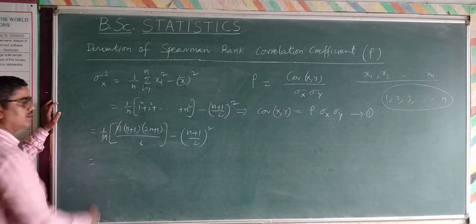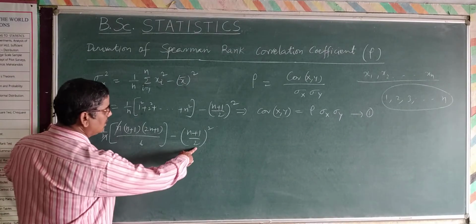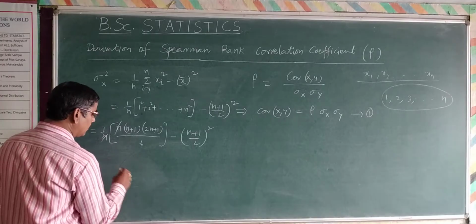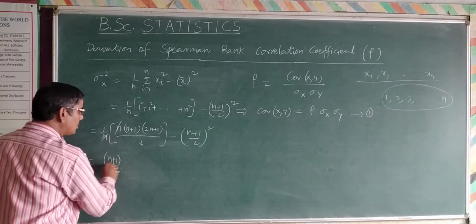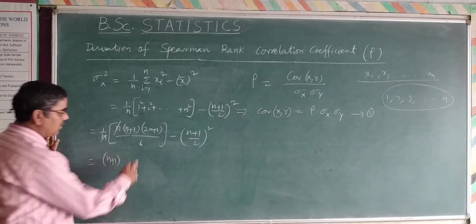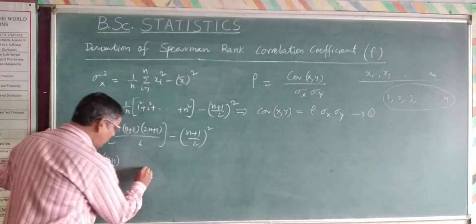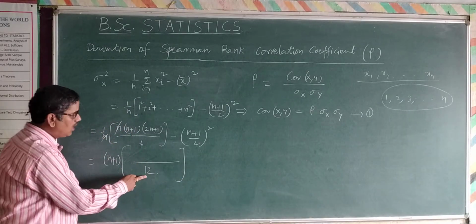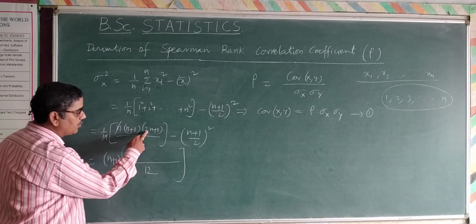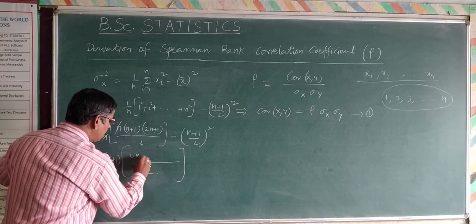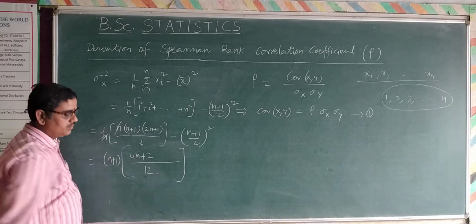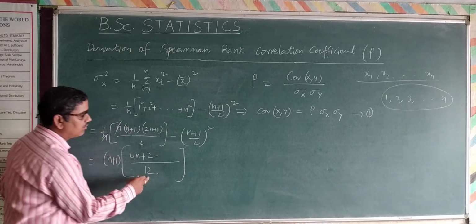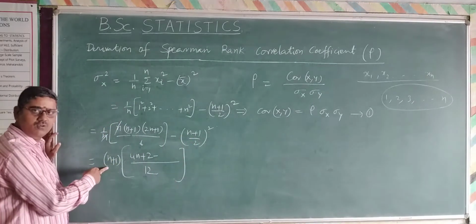So we can cancel out n, and the remaining value 6 here, 4 here, 2 square is 4. I am taking common n plus 1. Here also n plus 1, here also n plus 1. And 6 and 4, LCM 12. 6 2's and n plus 1 we have taken common. 2 into 2n plus 1, that is 4n. 2 into 1, minus 2 2s are 4, 4 3s are 12, 3 into n plus 1, n plus 1 you have taken outside.